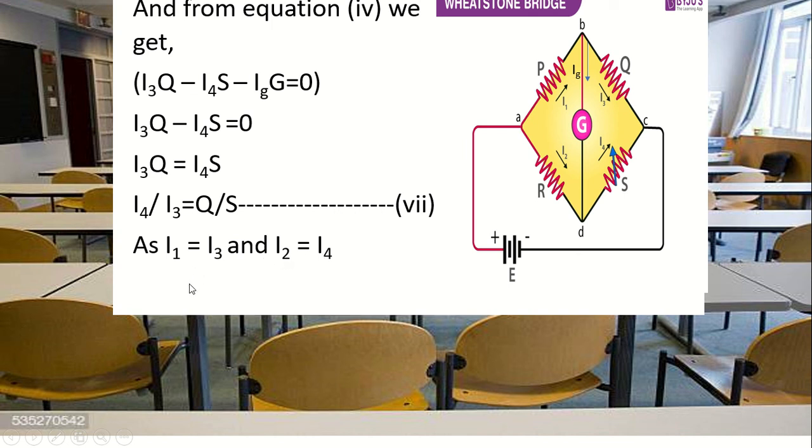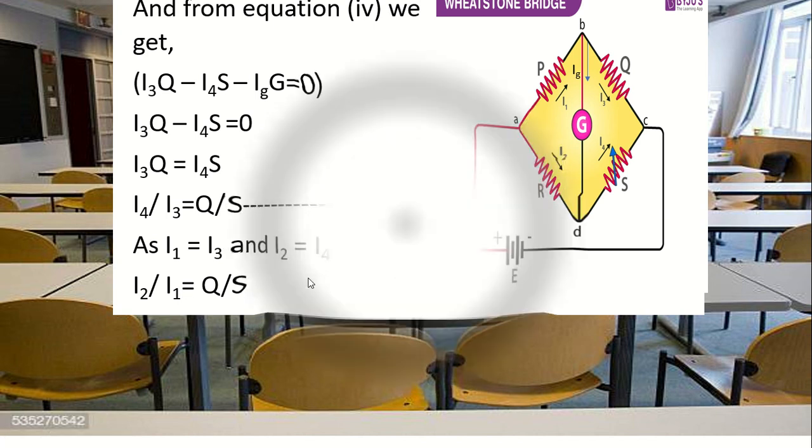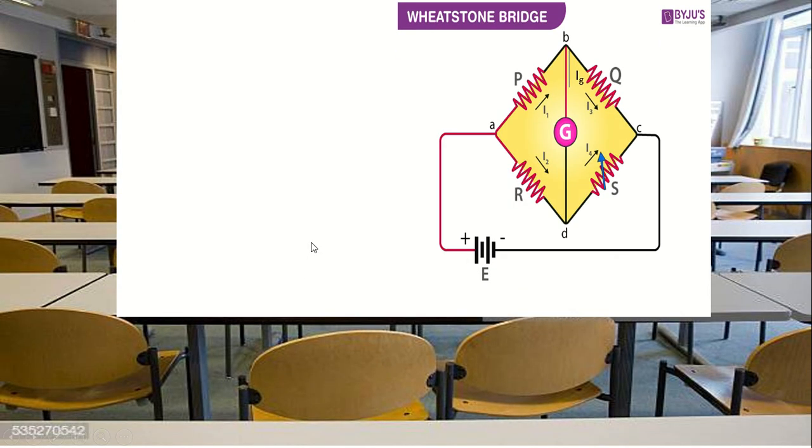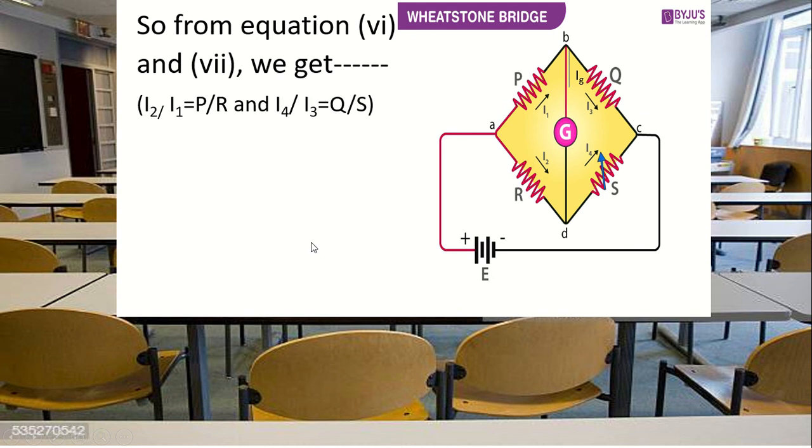So we can write I2 by I1 also equal to Q by S. Previously we got I2 by I1 equal to P by R. So from equations 6 and 7, I2 by I1 equal to P by R, and I4 by I3 equal to Q by S. Again, I2 by I1 is also equal to I4 by I3.